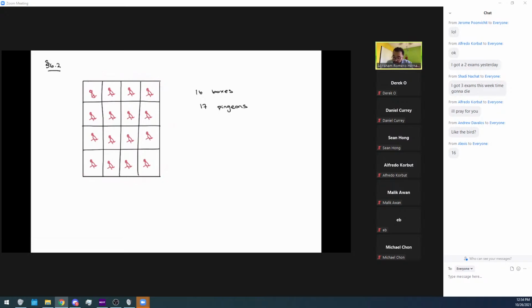But how many do I need? 17, right? I need 17. Well, if there's supposed to be 17 pigeons, but there's only 16 boxes, then one of these boxes will contain at least one pigeon. Let's say this box here, chosen at random.